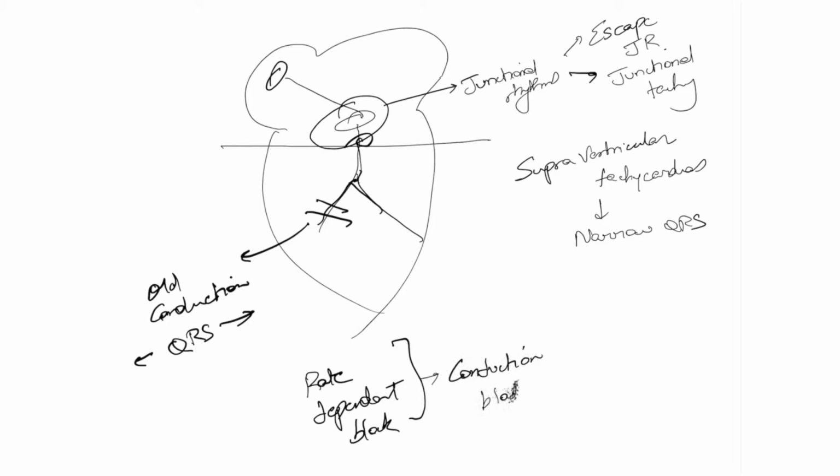And lastly, as we talked about in AVRT, when there's accessory conduction pathway, this might cause a wide QRS complex. So as a general dictum, while supraventricular tachycardias are narrow, there could be exceptions, and some of the common reasons include a pre-existing conduction defect, a rate-dependent block, or an accessory pathway.